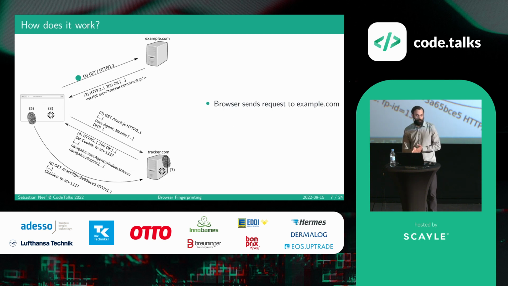So let's talk about how this usually works. Please follow this green dot. Everyone probably knows how browsers work, how the basic internet works. First, if we would like to open the website example.com, we send a request from our browser to the server.